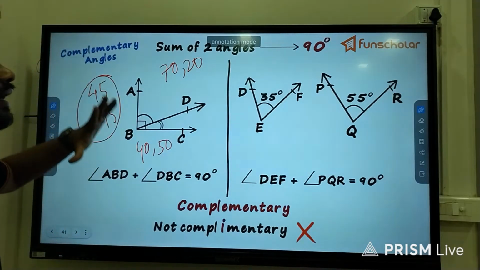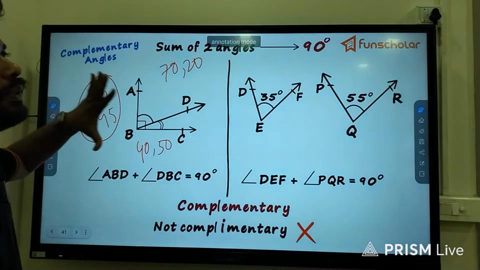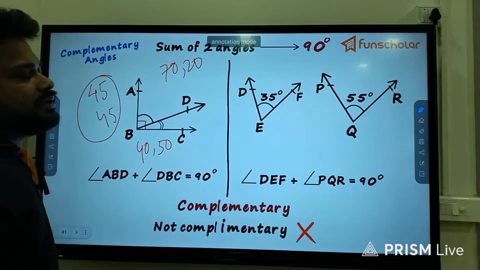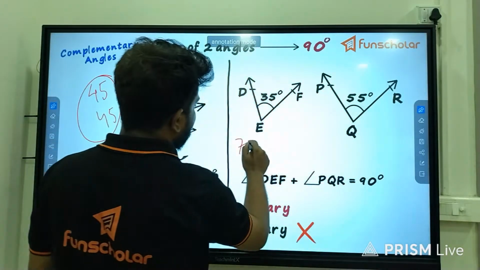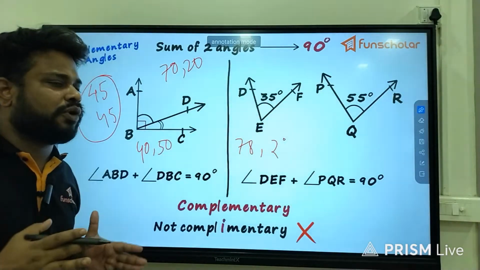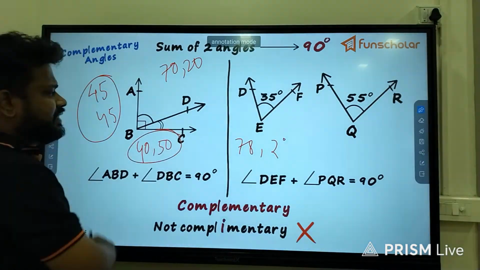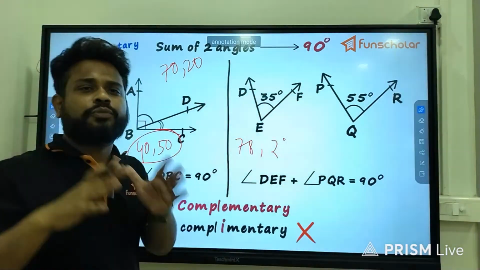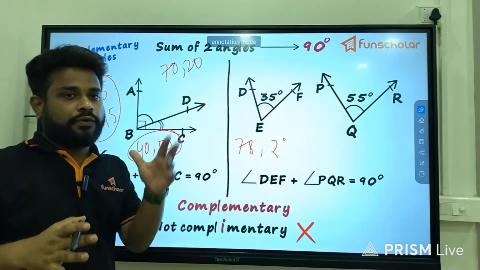I'm only taking proper examples of complementary angles. I can take 78 and 2 degrees as well, but 2 degrees is a very small angle, so I'm taking proper examples. In exams also you will be given proper examples for this class.